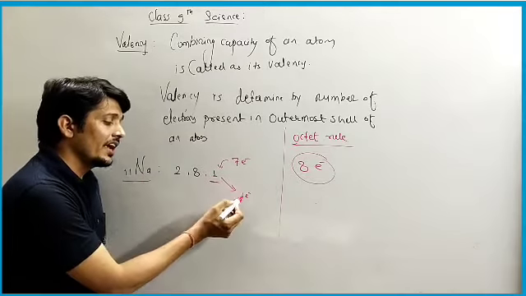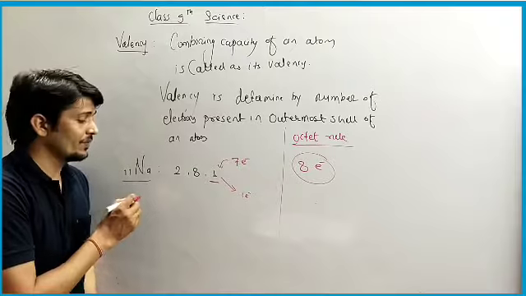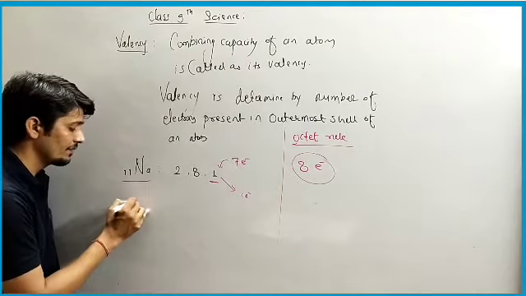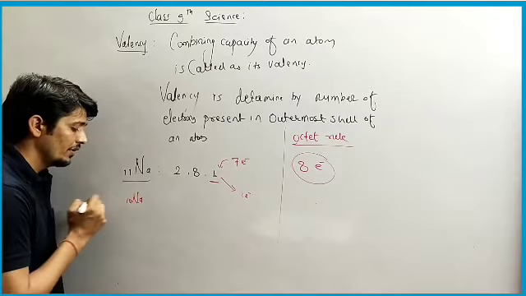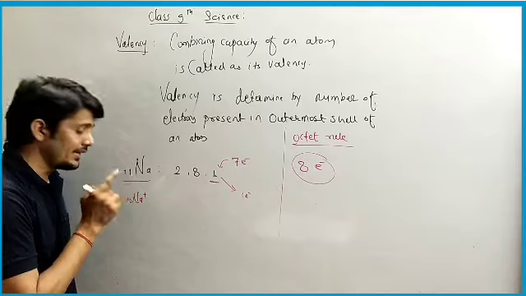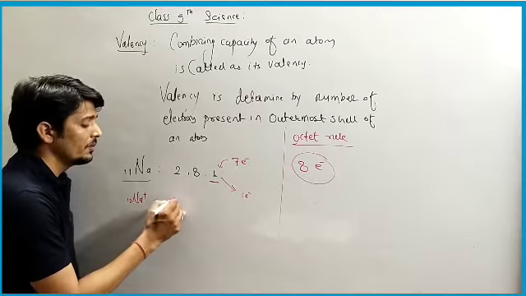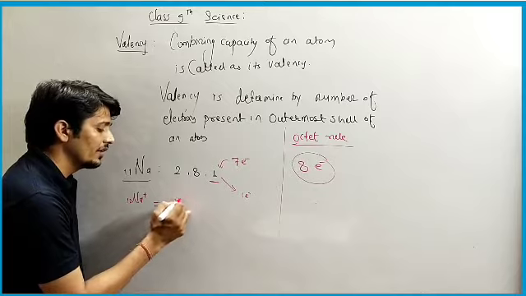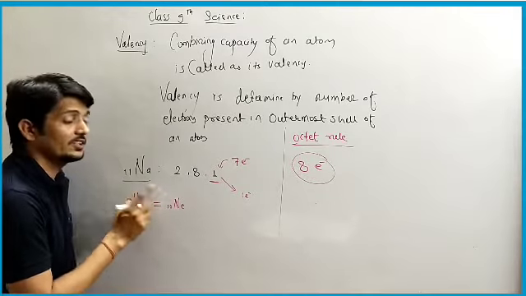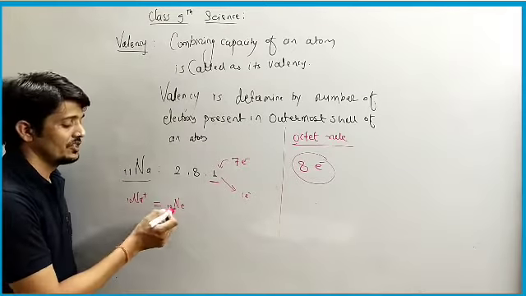See, if it loses this 1 electron, sodium will remain with 10 electrons. If sodium loses 1 electron, it will have 8 electrons in its outermost shell and will acquire a positive charge. At that state, the electronic configuration of sodium becomes equal to the electronic configuration of neon. Neon is our noble gas, the second noble gas.